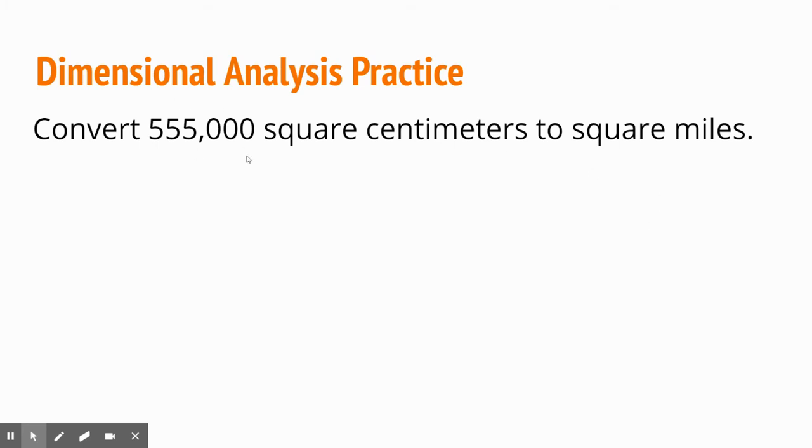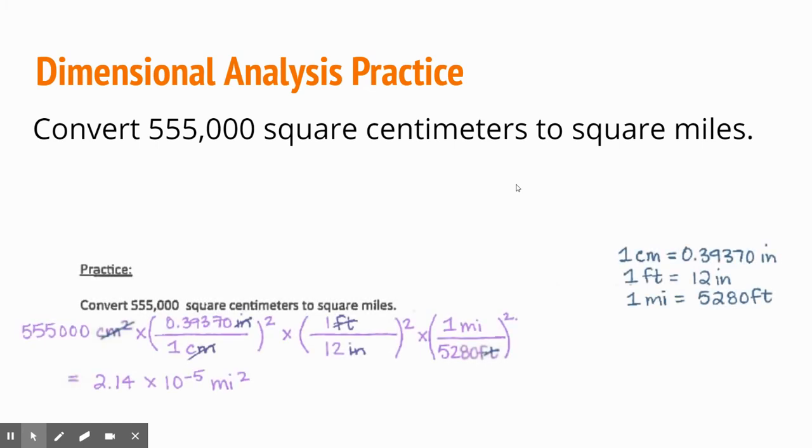I determine my given, I determine my desired, and next I determine the conversion factors to get me there. So I know that in 1 centimeter, there is 0.39370 inches from my conversions table in 1.05. That's where I would find this information in my course packet.